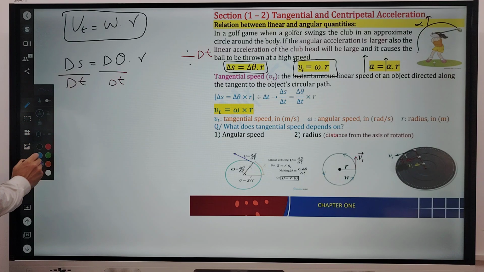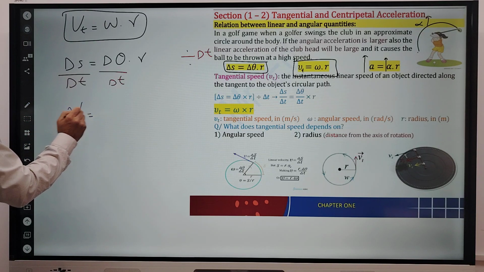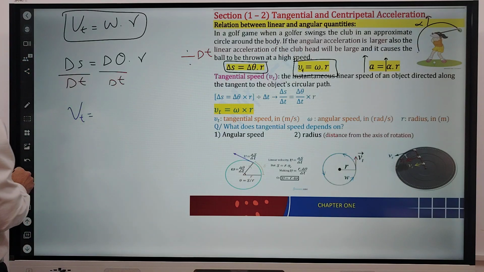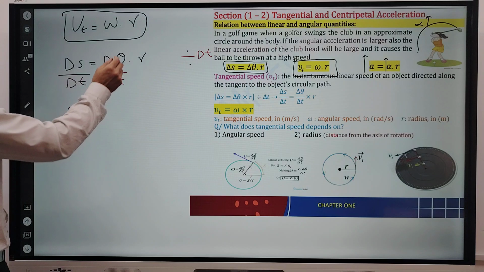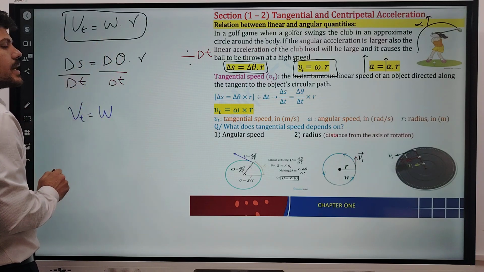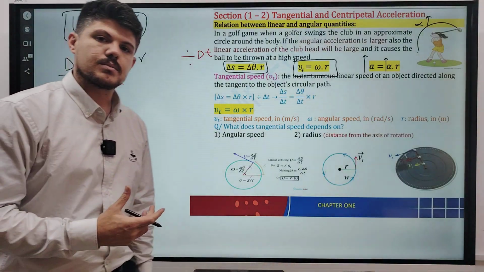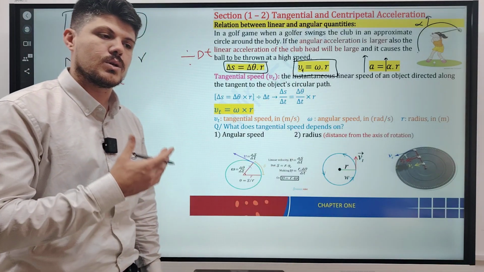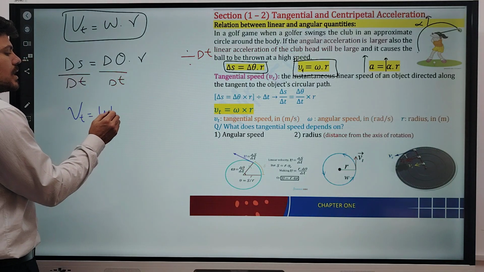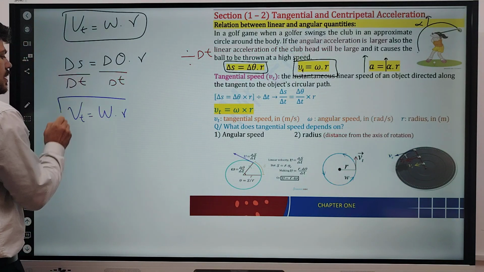It is equal to velocity, which is tangent to the direction of the object's motion. So theta divided by time, as we studied, is equal to omega, the time rate of the angular displacement, which is called the angular speed, times R.